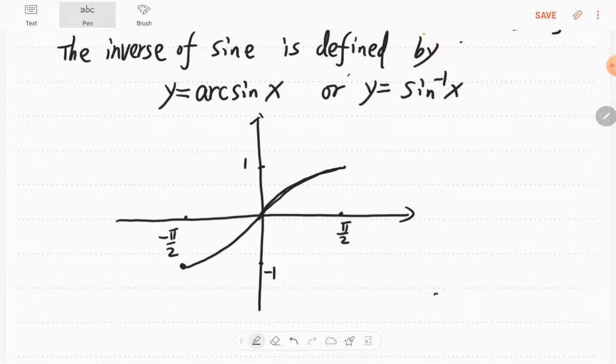I should draw more clearly. Okay, so it's symmetric with respect to the y equals x line. So this is the y equals x line.